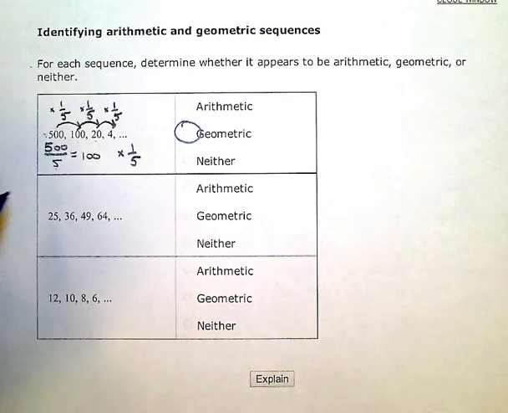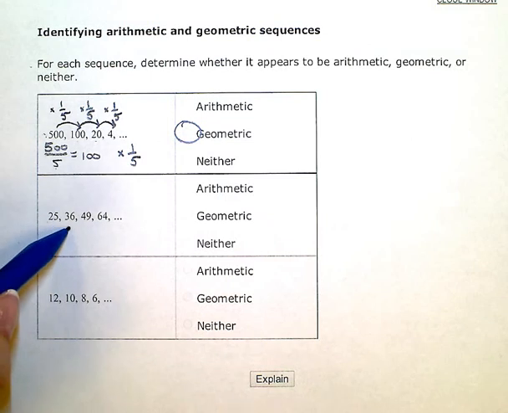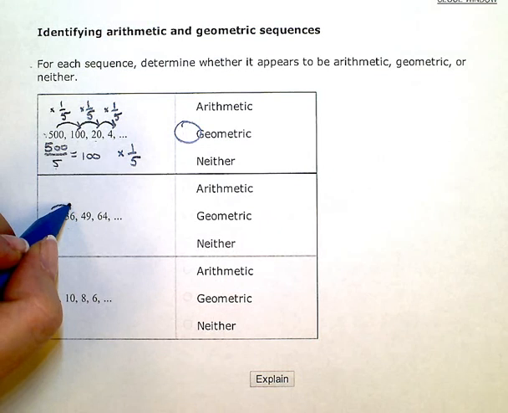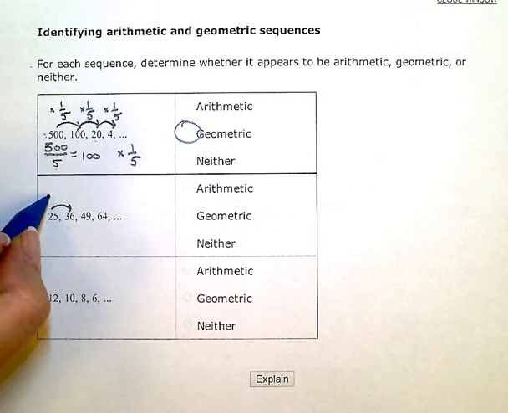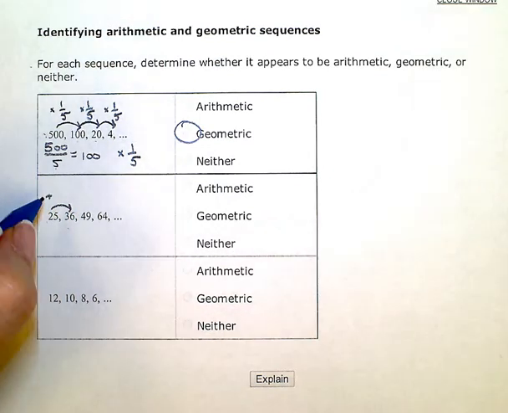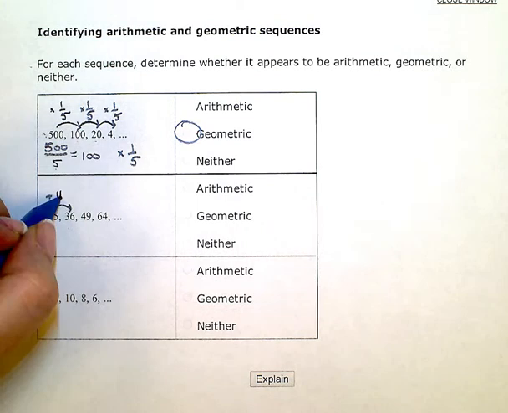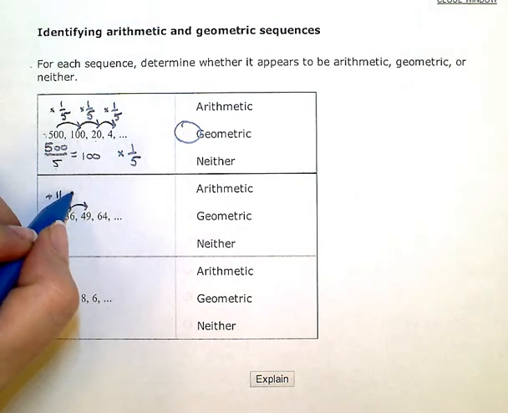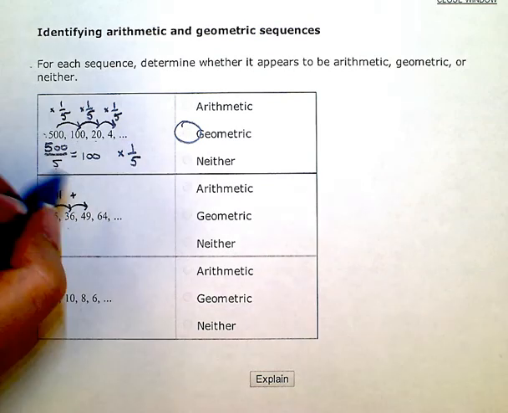Now this one right here, I'm going up. So to get from 25 to 36, there's not an exact multiple going on there, so I'm going to try adding or subtracting. 25 to 36, I would add 11. And then to get from 36 to 49, I would have to add 13.